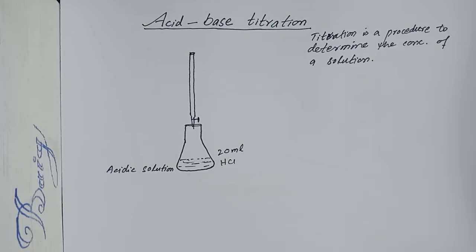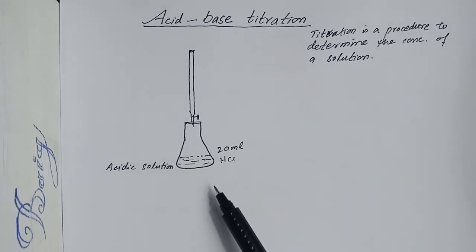In acid-base titration, we need an indicator that can indicate the completion of the reaction, because various indicators are available which can change their color with change in pH. So for example, if we have an acid solution, that is HCl, and we add a few drops of an indicator that will indicate the pH of HCl.